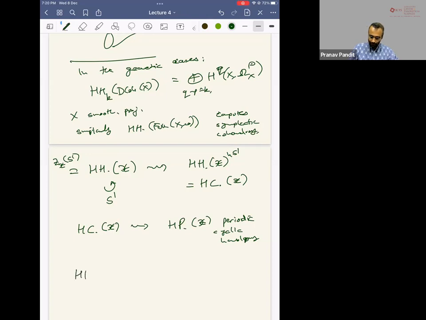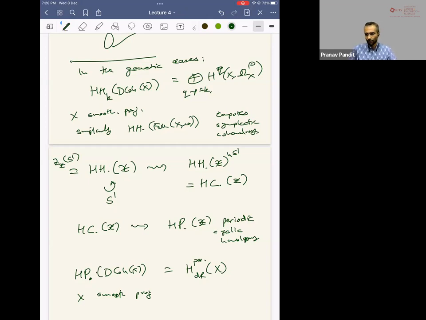Now, if you do HP of the derived category of coherent sheaves, when X is, say, smooth projective, then this is just the two-periodic de Rham homology of X. Maybe not everybody knows HP from Kähler geometry, but de Rham homology is just the usual Betti numbers. So you can recover the Betti numbers of the space, for example, by using this 2D TQFT to construct, all you need is the Hochschild homology.